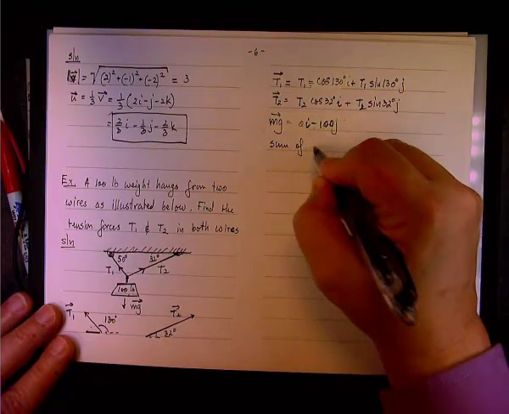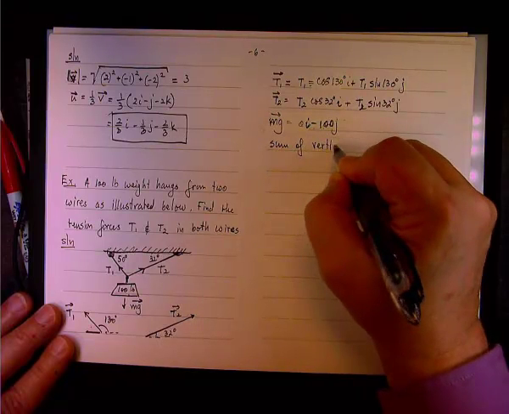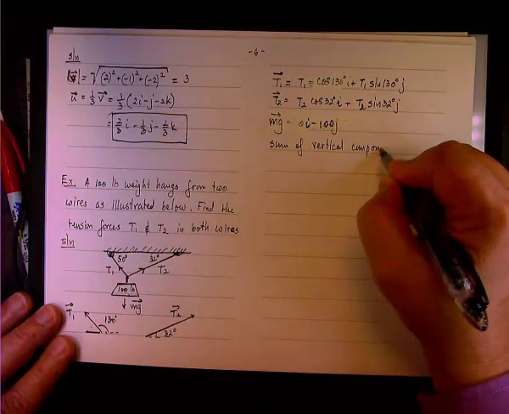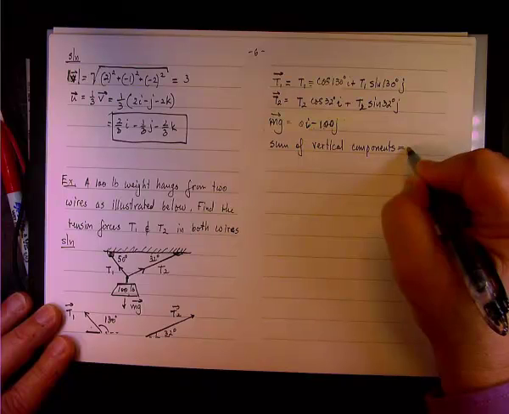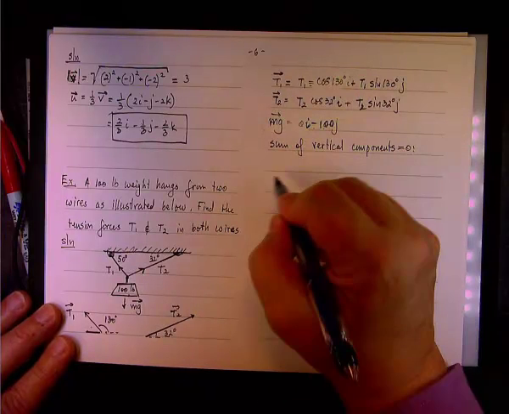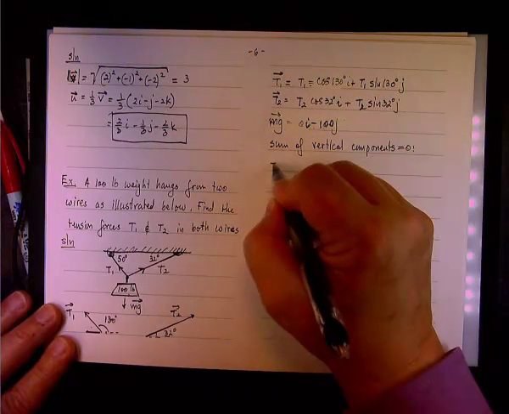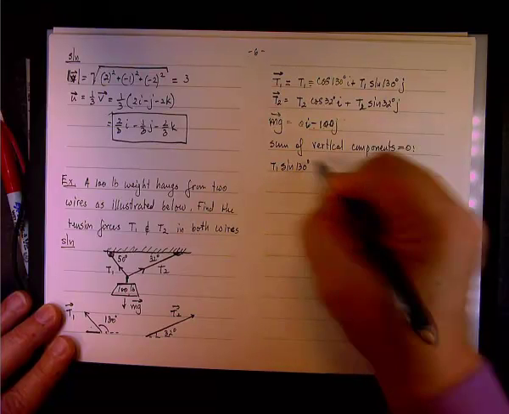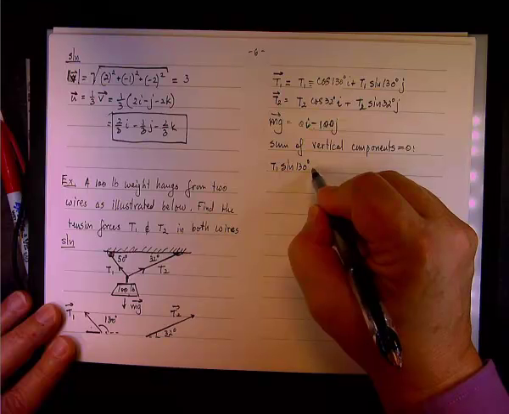Because it's negative. And now we're going to say that the sum of the forces in the vertical direction is 0. So we're going to say that the sum of the vertical components equals 0.